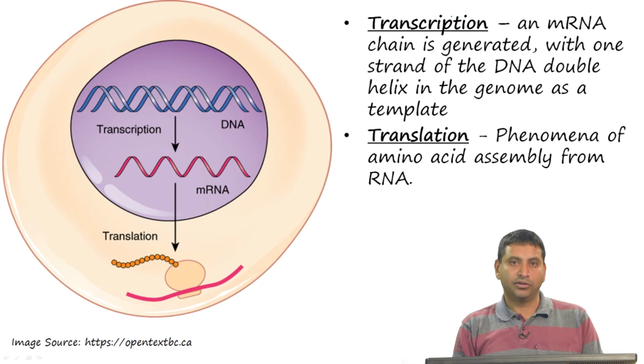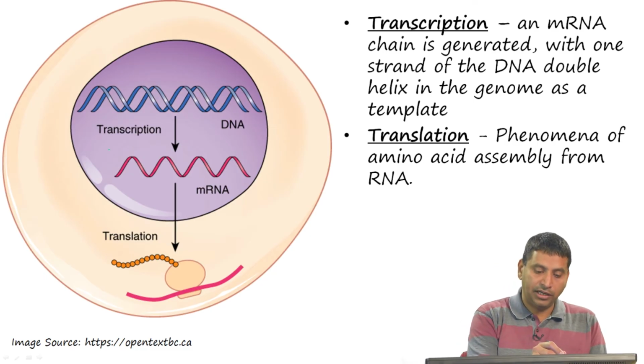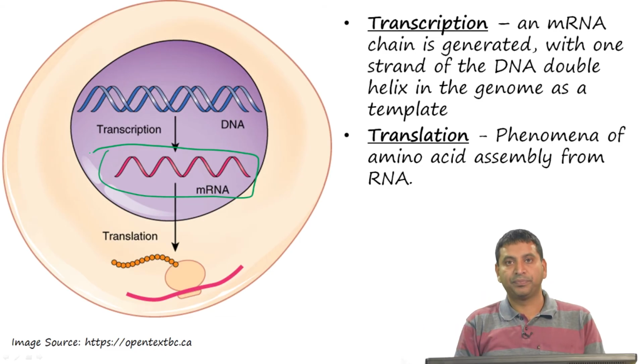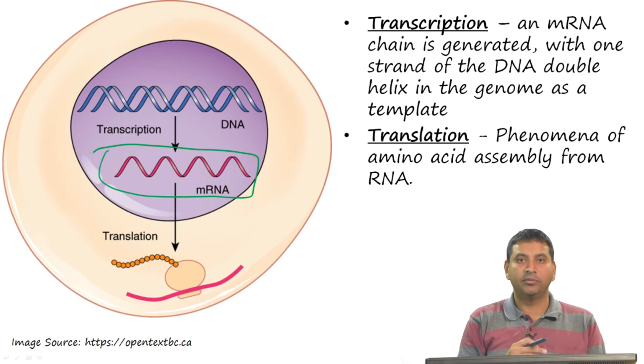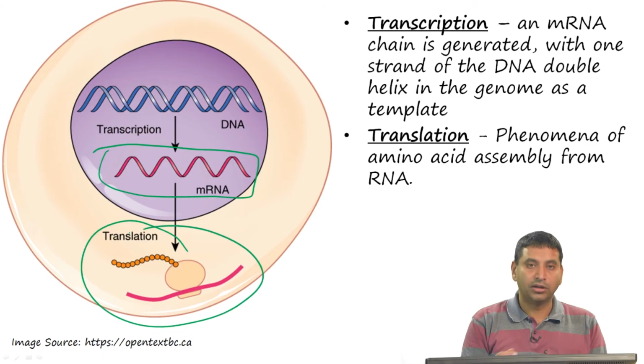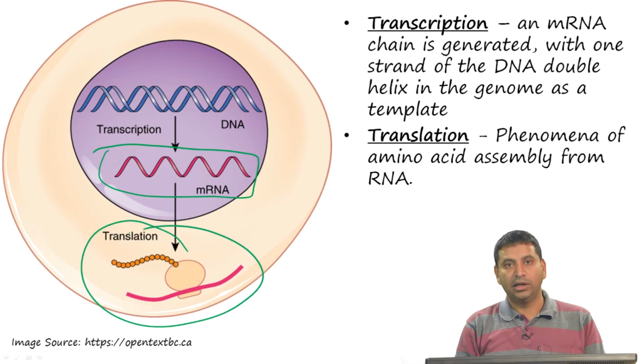Transcription is the process by which an mRNA is produced using the code from DNA, and this allows us to transfer the information in DNA and send it to the ribosome or endoplasmic reticulum where the protein synthesis is occurring.